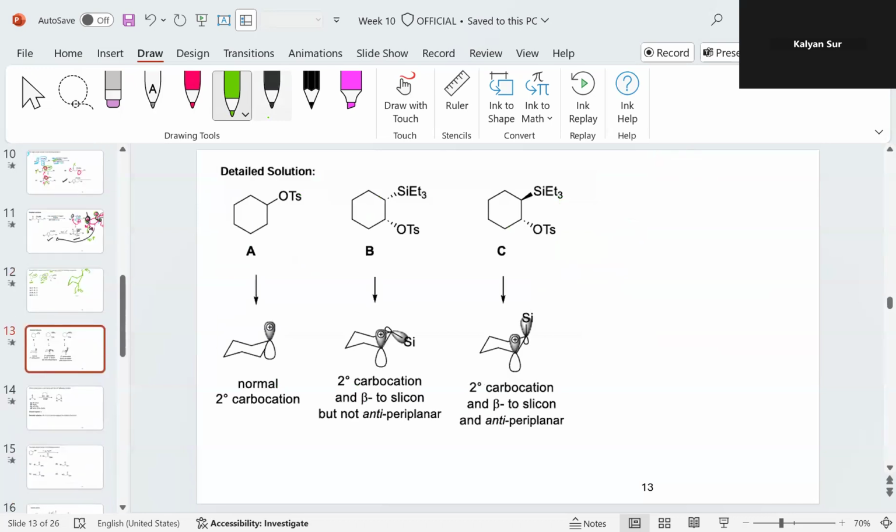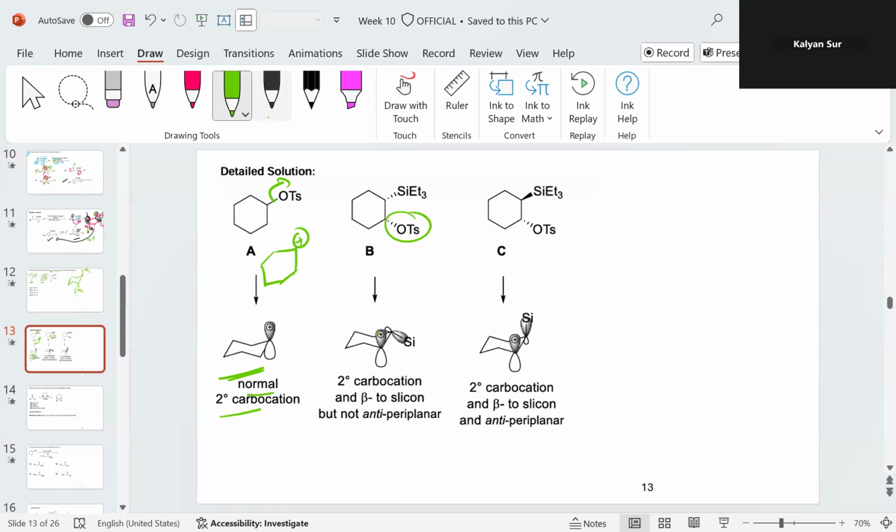Looking at the mechanism in the chair conformation, for the first compound A, once this is eliminated, it forms a simple secondary carbocation, and the rate depends upon the stability of the secondary carbocation. Now in the second compound, once this OTs is eliminated, it forms a carbocation.